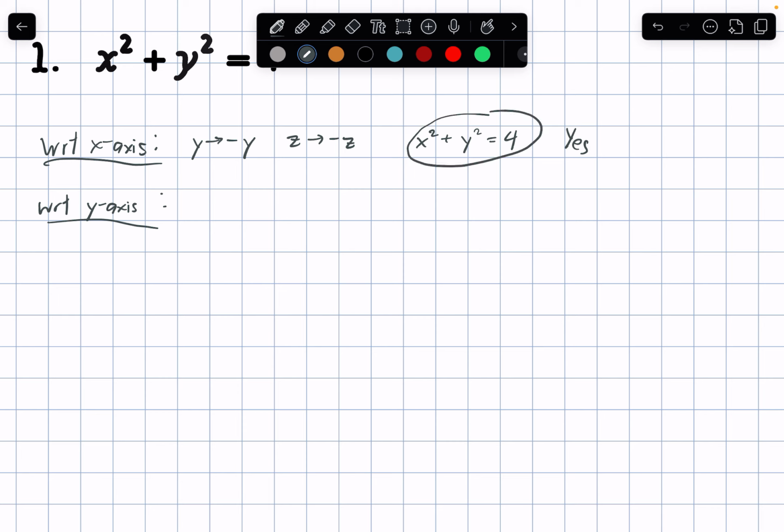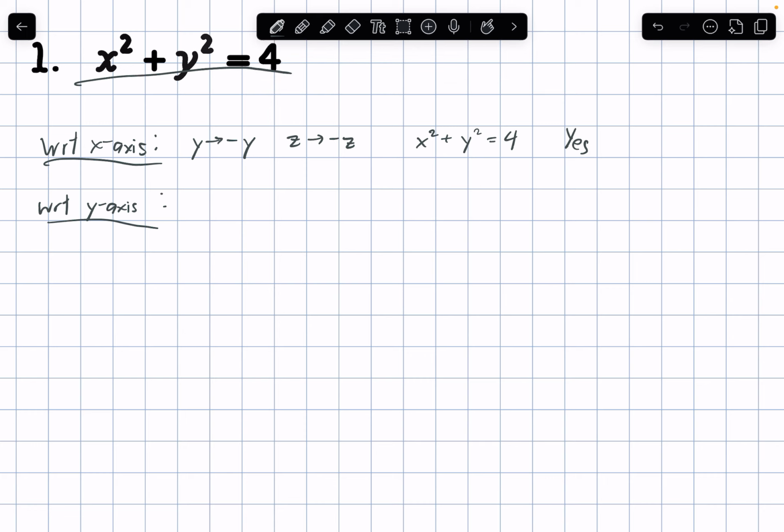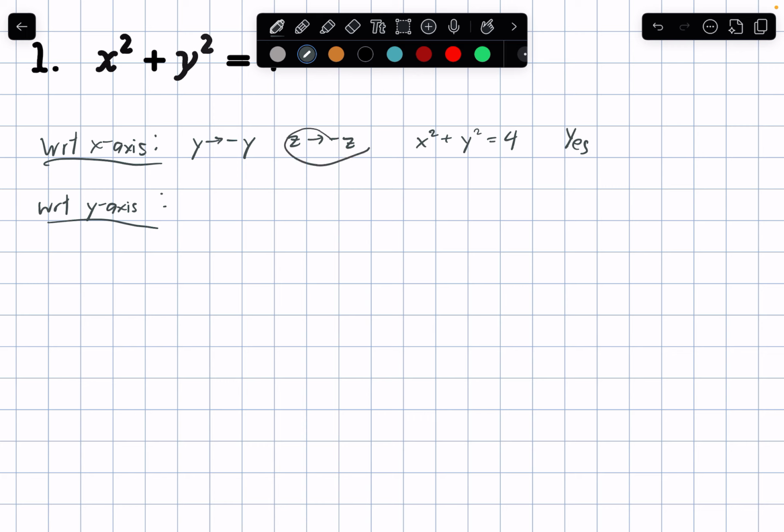Does that change the equation? It doesn't change the equation. We see that z becomes negative z, but we don't see the variable z in this equation, so we just ignore this, but we still write it anyway. The equation is still the same as the given, so it's symmetrical with respect to the x-axis.